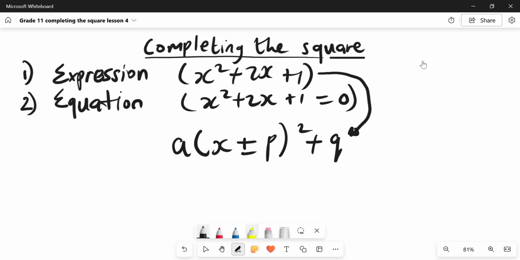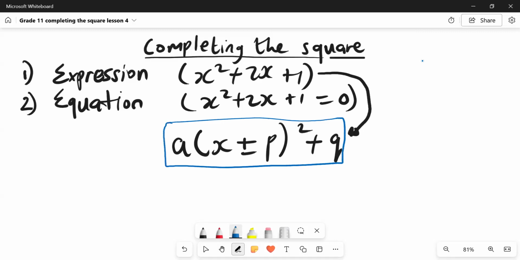And this becomes the formula of a parabola. When we get to functions, I will explain everything. What do I mean by a parabola and all of that? But for now, let's just focus on completing the square.